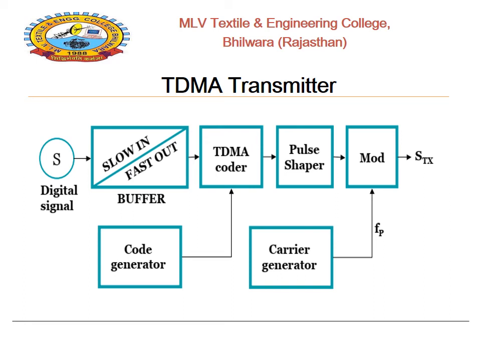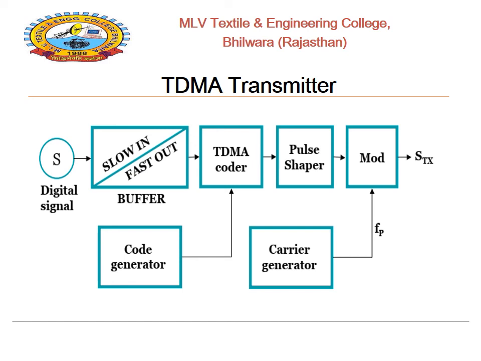The next section defines the TDMA transmitter block diagram. As we see in this PPT, the first basic block is a buffer, slow in and fast out. The input digital signal is given to the buffer. Next it is given to the TDMA coder, which is associated with the code generator. The code generator is responsible for generating a code for the TDMA.